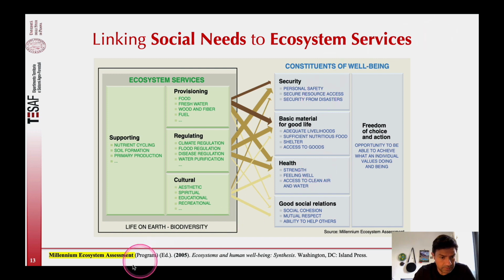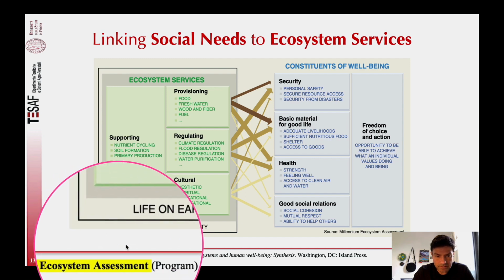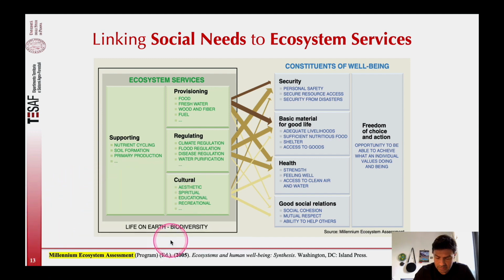And the Millennium Ecosystem Assessment, published in 2005, is a milestone because it was the first time. Well, there's the Costanza paper before that, but this was the first time that the connection between ecosystem service provision, forest restoration, preservation, and conservation strategies, and also biodiversity preservation, was connected directly to our well-being.